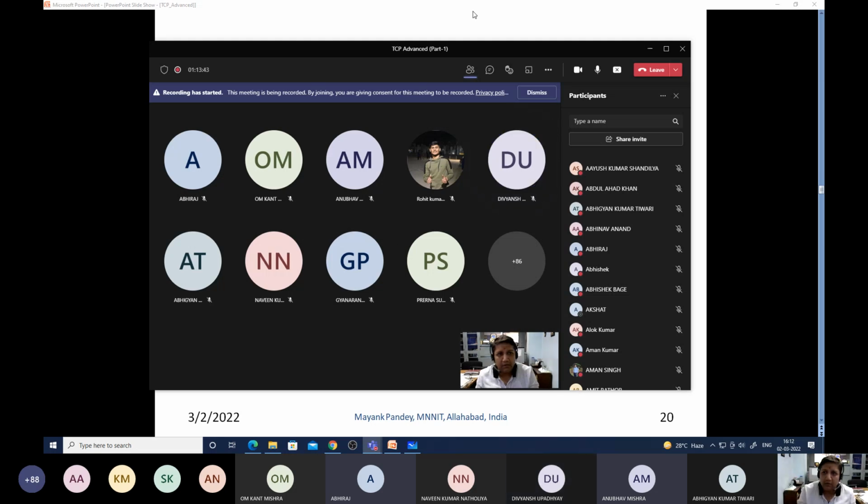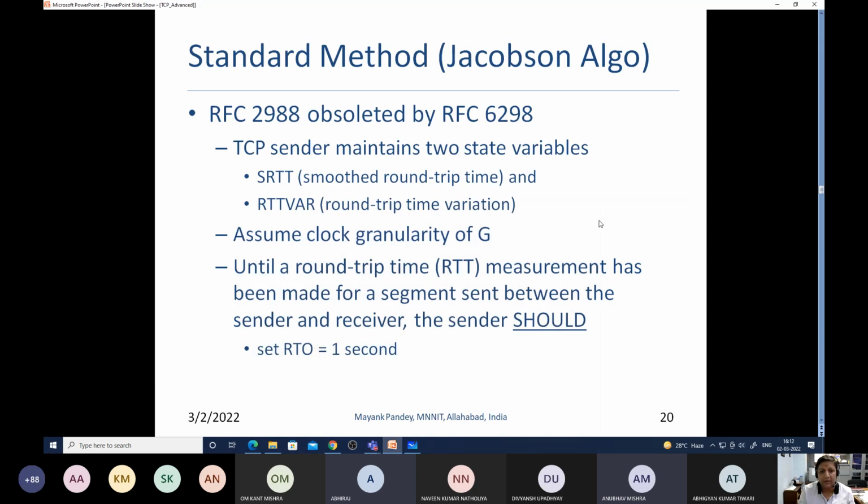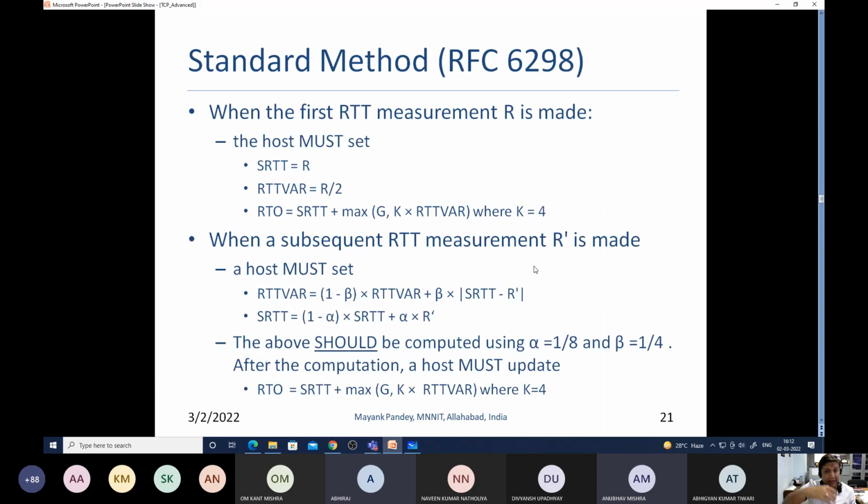So that is having a lot of bearing in this equation. At that time when this particular RFC came into picture, G was not important. Fine. Because granularity was at that time 1 second.